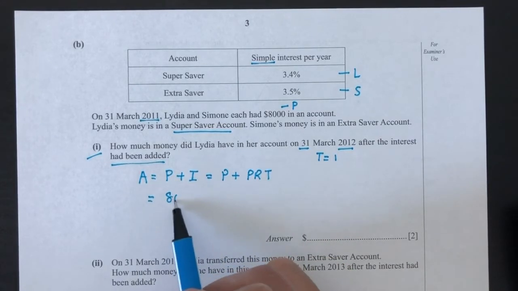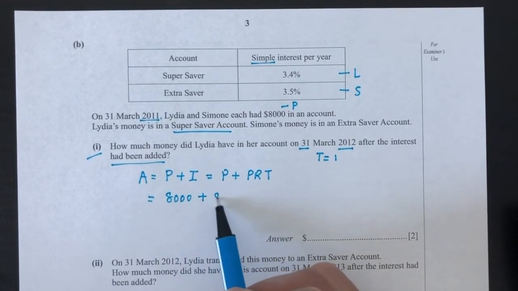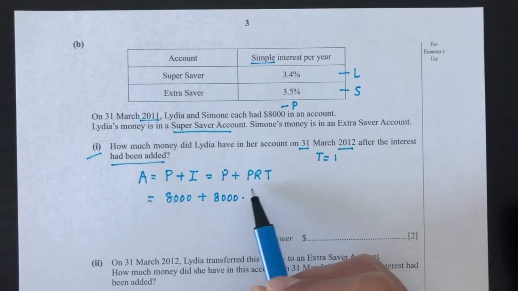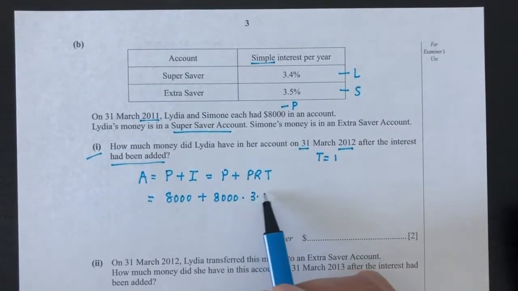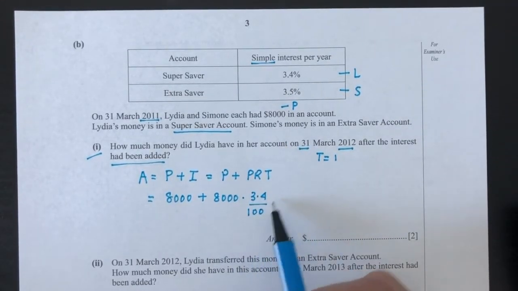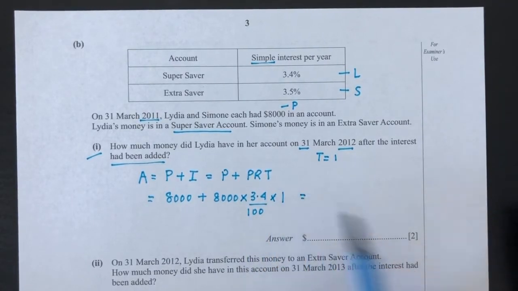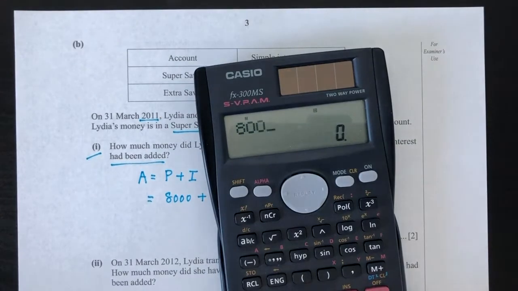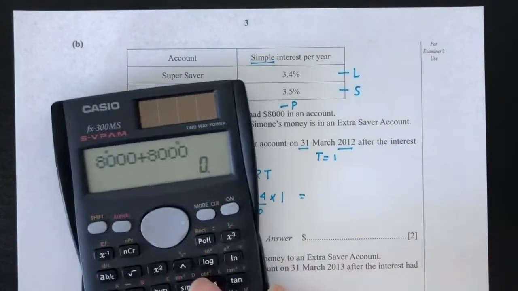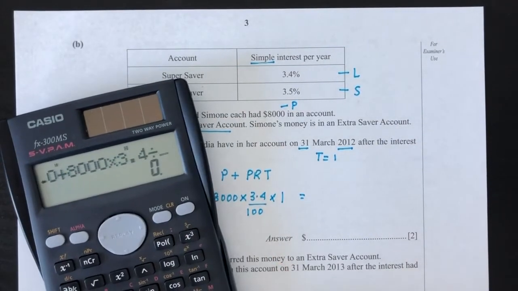P will be 8,000, plus 8,000 times rate, which is 3.4 divided by 100, and then times time, which is 1. So let's solve, 8,000 plus 8,000 times 3.4 divided by 100.